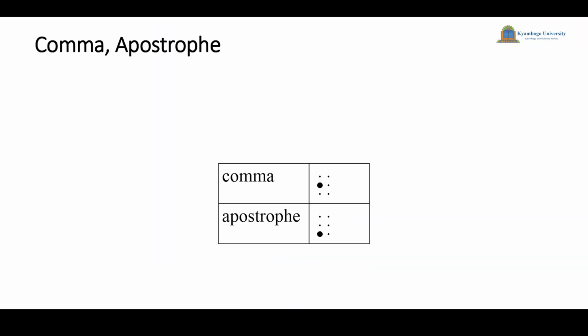Last time we introduced a full stop as a punctuation mark, and we also recognized the fact that we are implementing Unified English Braille, whereby we are going to be using some capital letters. Two punctuation marks which we are going to introduce: one of them is a comma and another one is an apostrophe.